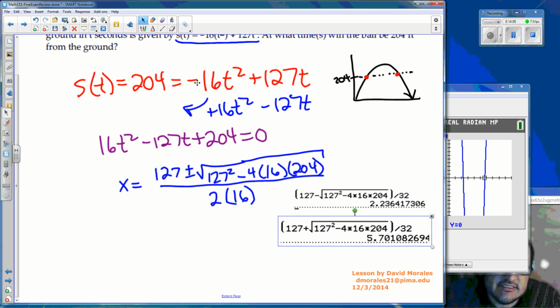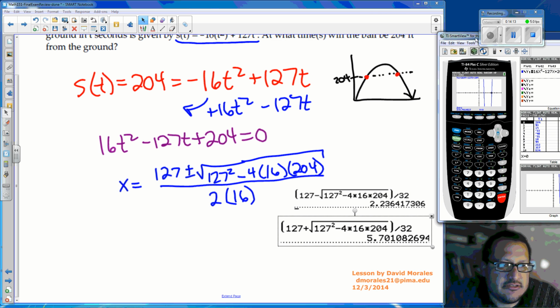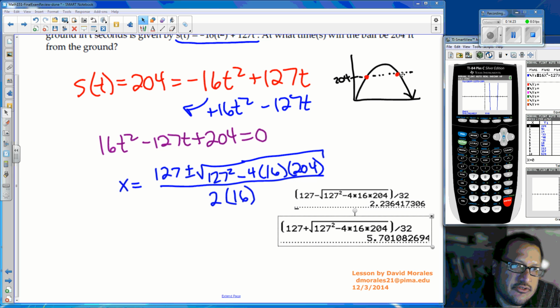Obviously, because this has a negative leading coefficient and this has a positive coefficient. So that is why we get a different looking graph. But what we're doing here is we're finding where this is equal to 204. Here we're finding where it's equal to 0, because finding zeros is a very common thing in algebra.